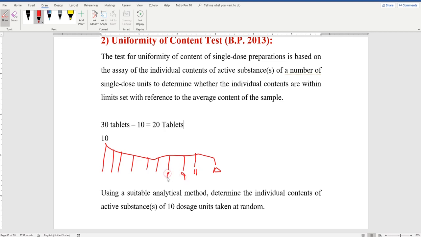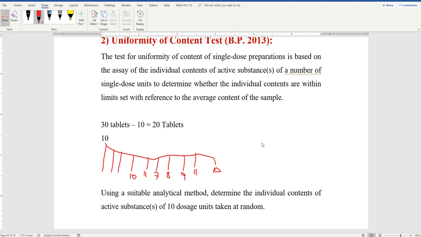Here we have 8, 7, 11, 10, and so on. So what are these numbers? These numbers are obtained by analyzing each individual tablet and looking at how much drug is in this tablet. Clear? So you have these numbers.